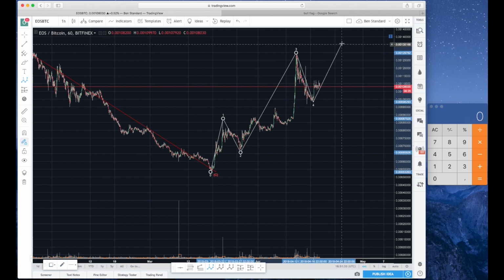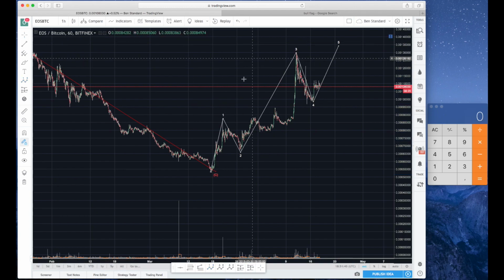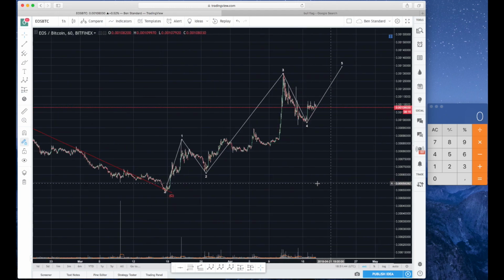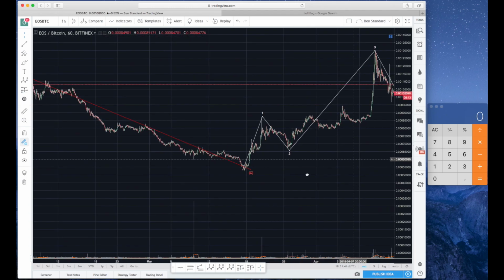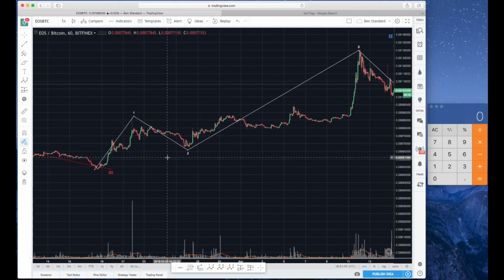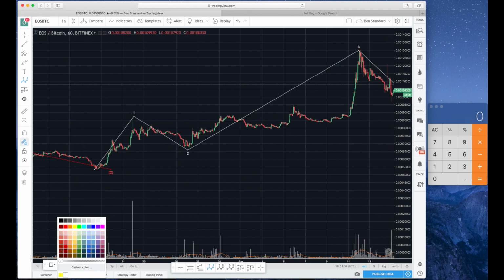And then we're about to end the 5th wave right now. So if we want to confirm that this is a correct count, we need to count the subwaves. And if we count the subwaves, it would look something like this.